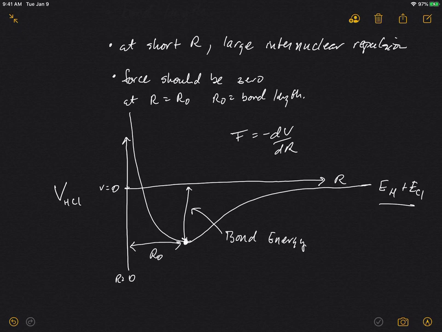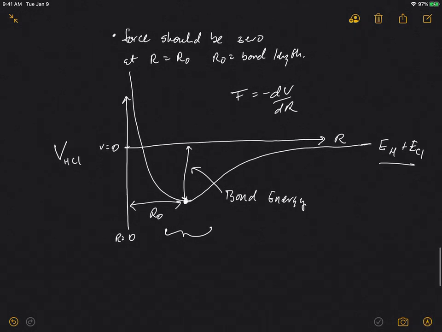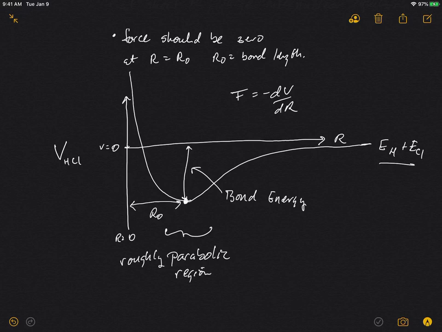Now, I haven't proven it, but it turns out that in this region, within, I don't know, 0.8 R0 to 1.2 R0, something like that, that's the parabolic region. That's roughly. Now, the fact that it's not exactly a parabola doesn't mean that it's a lie.